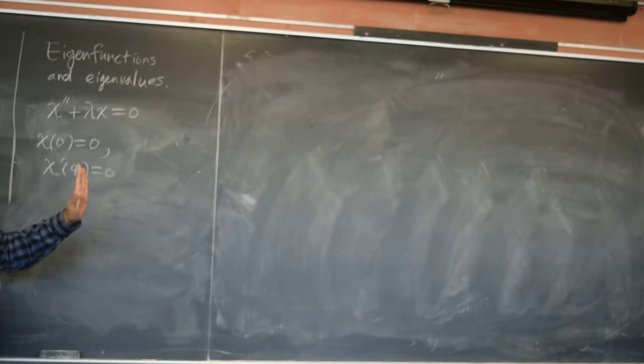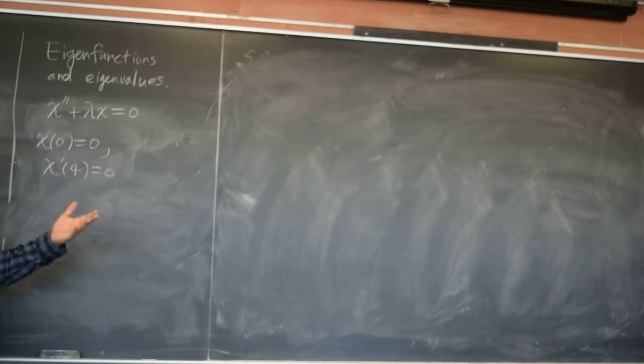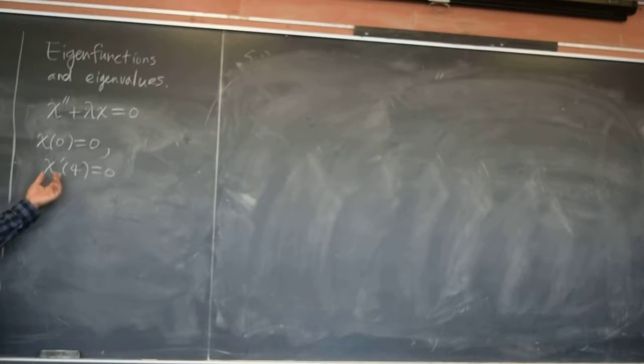At the endpoints, you may put the temperature as 0, which is called the Dirichlet boundary condition, or you can put the endpoint as whose derivative equal to 0, and that's called the Neumann condition.